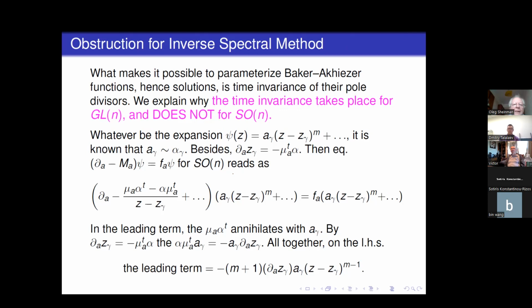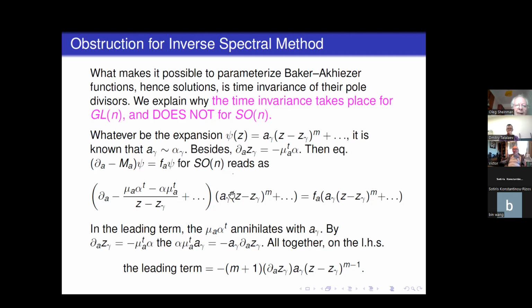Besides, let me recall that the evolution of z gamma is governed by these simple differential equations where mu A comes from the M operator.